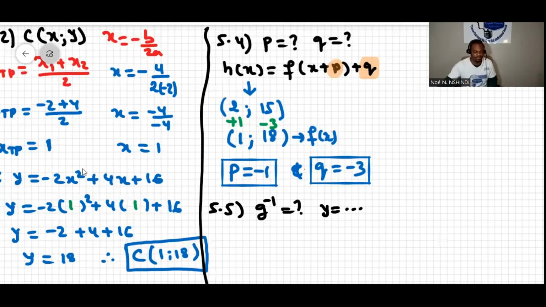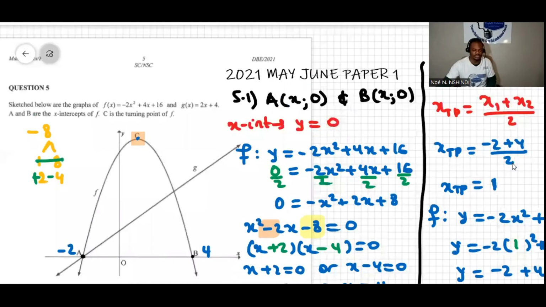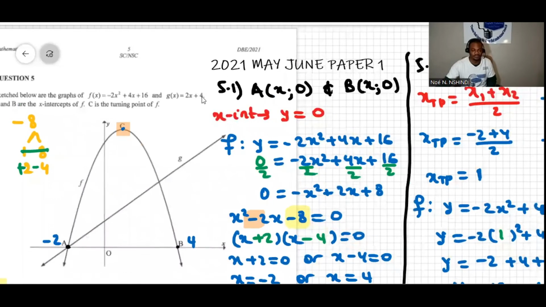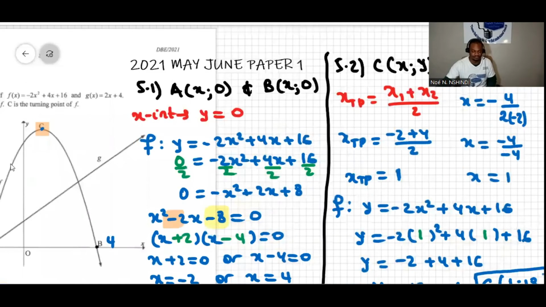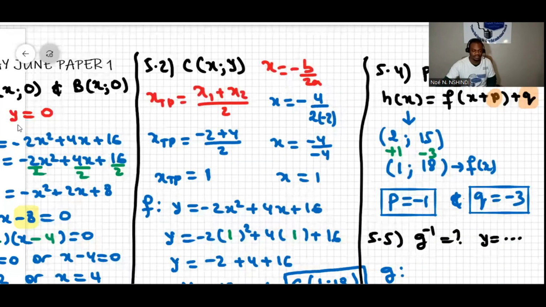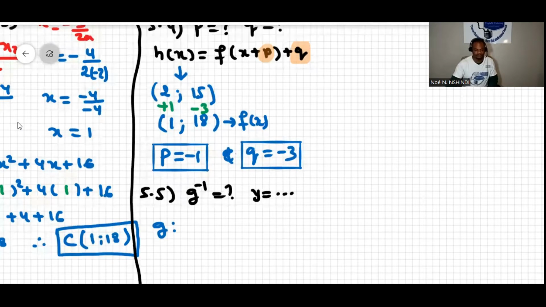Initially, the function g is given by 2x plus 4. So you can write here y equal to 2x plus 4.